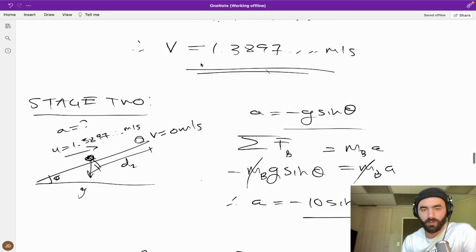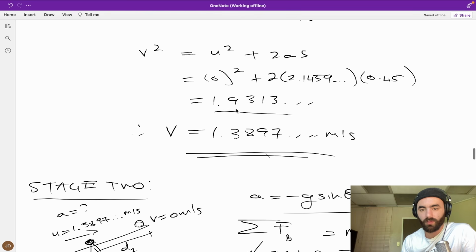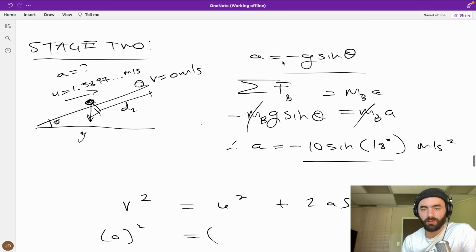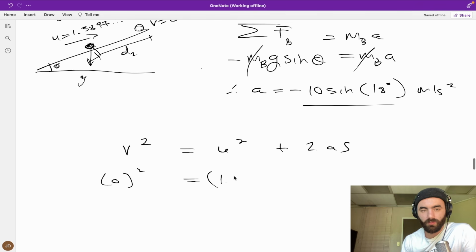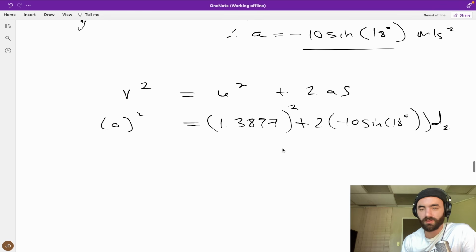Our u will be this, squared was this, 1.9313. I'll just plug this in. 1.3897 squared plus 2 times minus 10 sine 18 degrees times d2, our distance that we want to find.